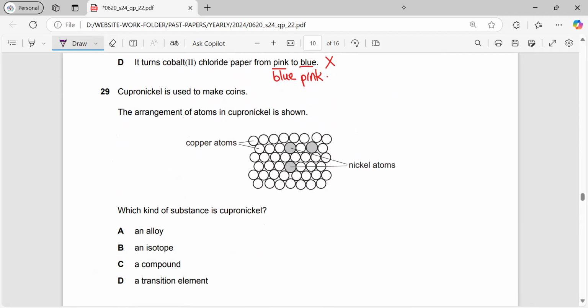Number 29, cupronickel is used to make coins. The arrangement of atoms in cupronickel is shown. You can see from the diagram that this is the diagram of an alloy.